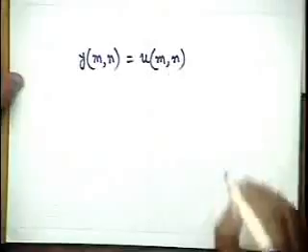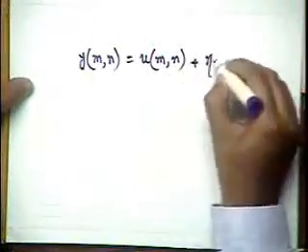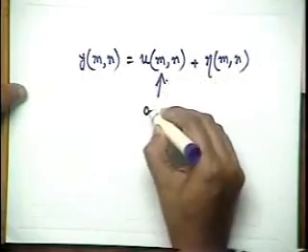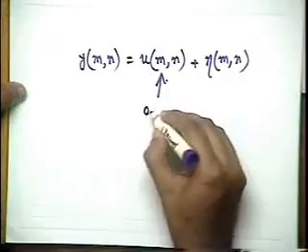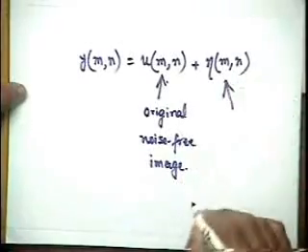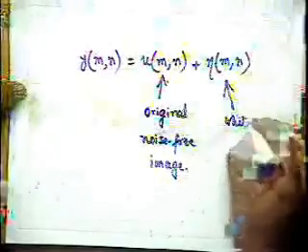Let us say that I represent the input image which I call y of mn. y of mn is the input image which I can write as u of mn plus eta of mn, where u of mn is the original noise free image, and eta of mn is a white noise, or rather a Gaussian noise, which has been introduced on this pixel value at mn.